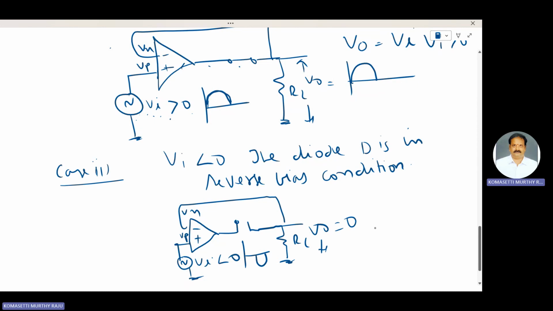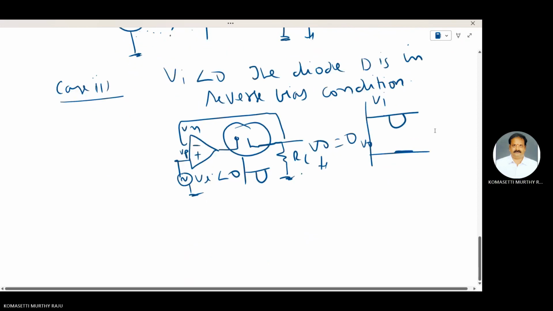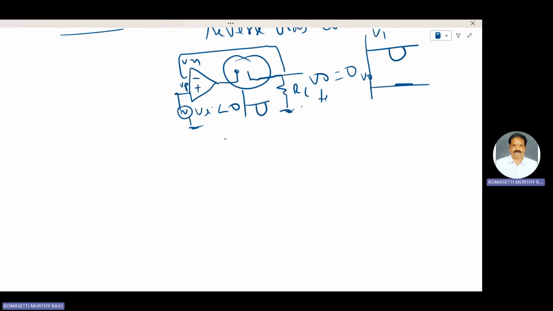V0 is equal to 0, because there is no current flow through this RL. Some discontinuity is there. For input Vi a negative half cycle, the output V0 is 0.